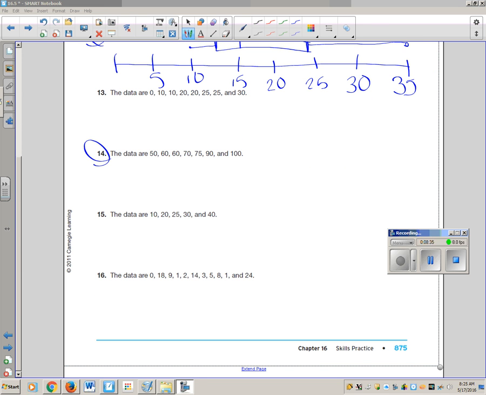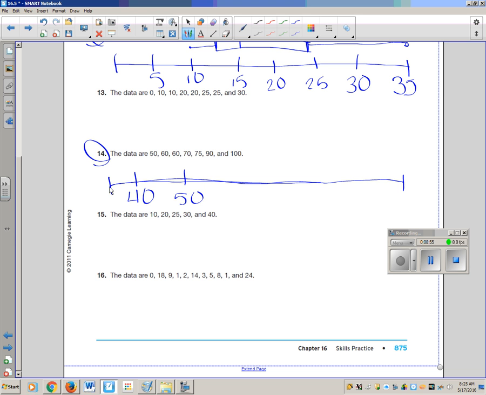So then we're going to do problem 14. What you want to do is the same thing: draw your line. And this one I did by tens because it goes up by 10. So I started at 40 because why start at 10 when you really don't need it? So now you're going to find the median, which is 70.